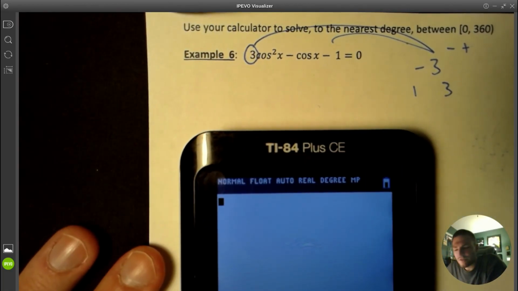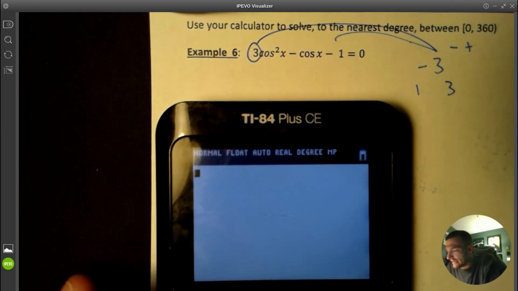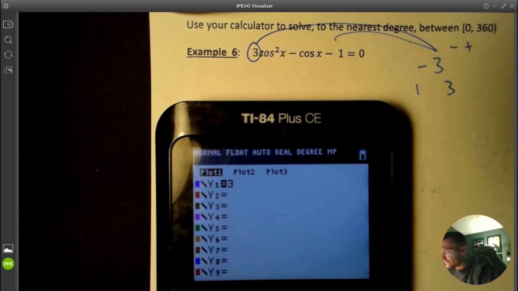The calculator does not do a very good job solving for x. But I'm going to go ahead and graph this. 3 cosine of x. Now, how do I make it cosine squared?